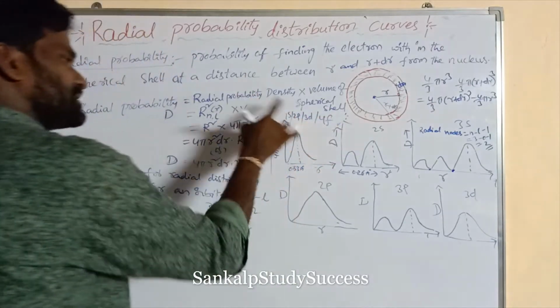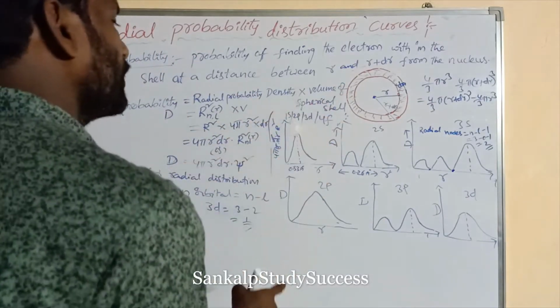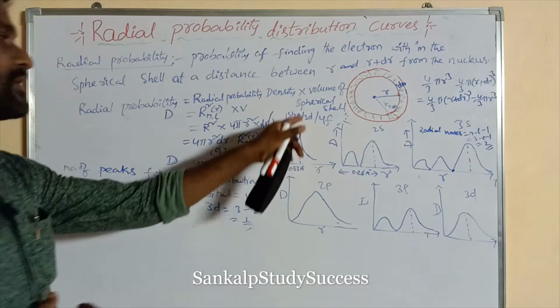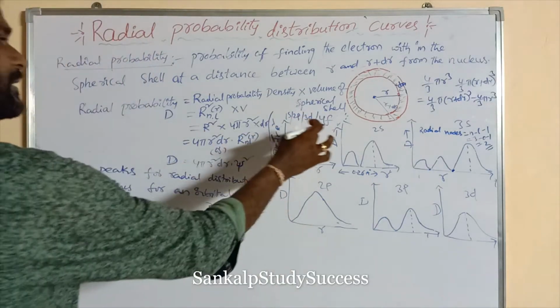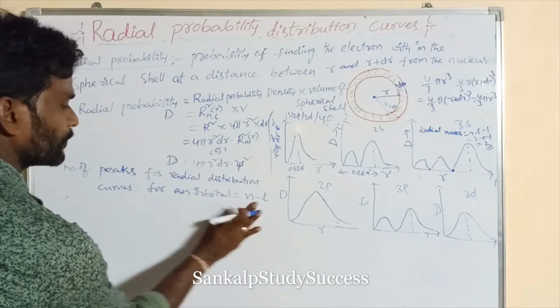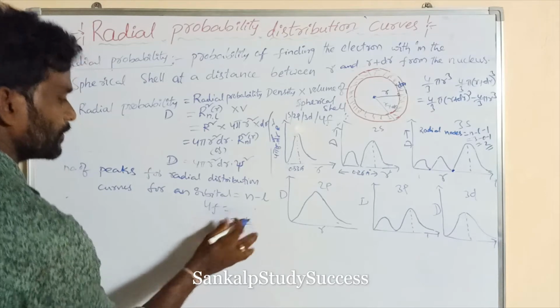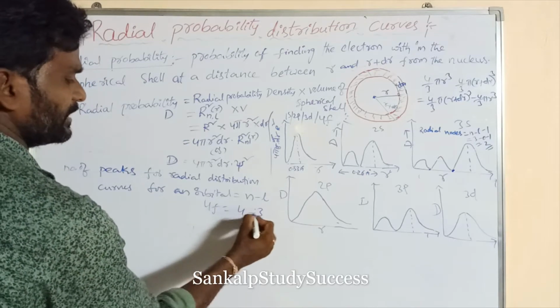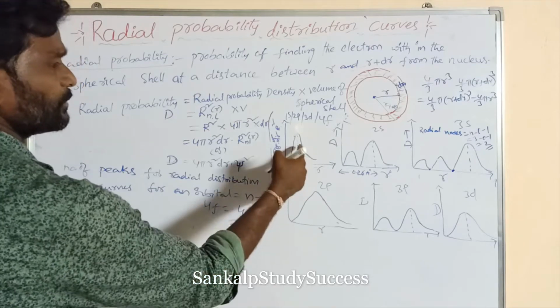In these, only one peak is observed. For example, the number of peaks for the 4f orbital is n minus l: 4 minus the l value for an f orbital, which is 3. 4 minus 3 is equal to 1. Only one peak is observed.